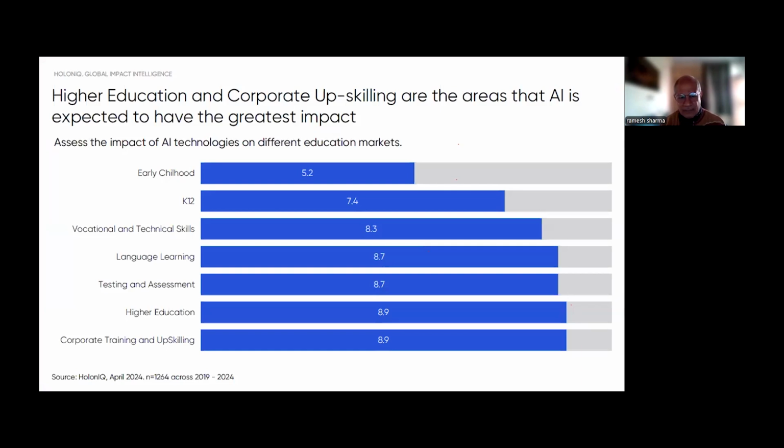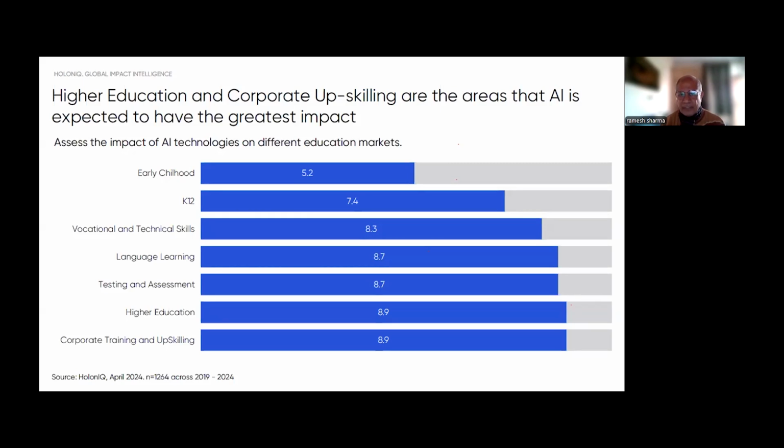This is the HolonIQ news, which I just received today itself, around 3 or 4 hours ago: higher education and corporate upskilling are the areas where AI is expected to have the greatest impact.